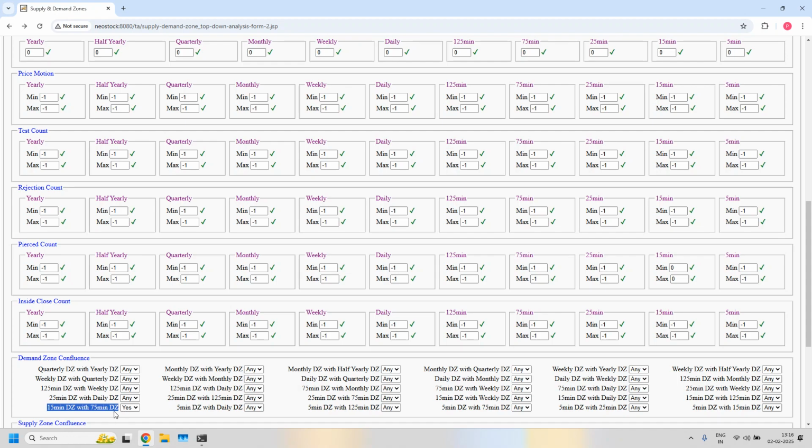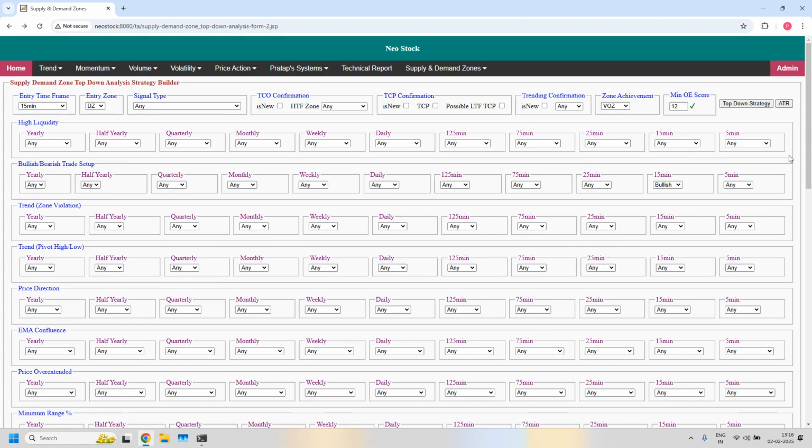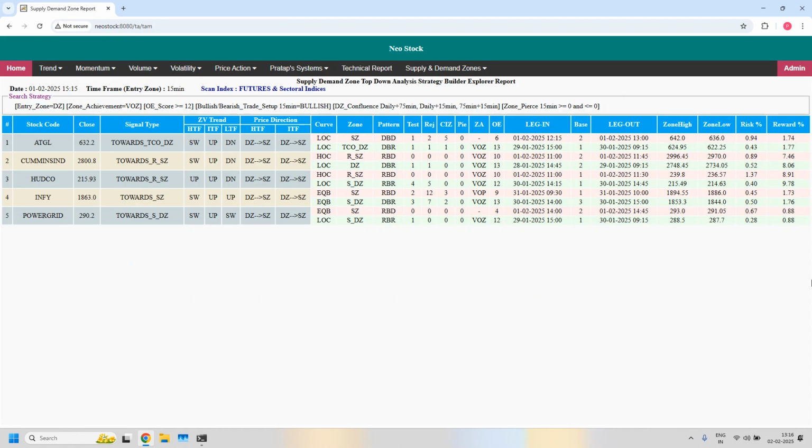This we already set in the previous report, 15 minutes with 75 minutes zone confluence. So the second filter we are going to set is 15 minutes demand zone with daily demand zone confluence. Daily is HTF. Similarly, one more: 75 minutes demand zone with daily demand zone confluence, ITF and HTF. With all the 3 filters, LTF, ITF, HTF demand zone confluence, we got 5 stocks.